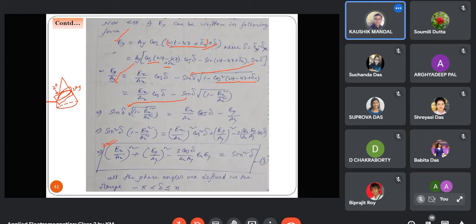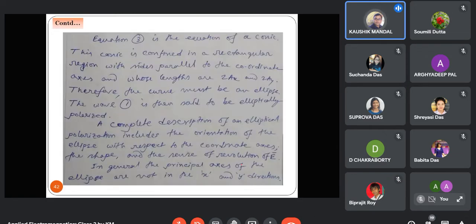That means it is representing the length of the two principal axes, 2ax and 2ay. So as this equation is representing the equation of conic, we can say equation 3 is describing an ellipse. So equation 1 is basically an elliptically polarized electromagnetic wave.